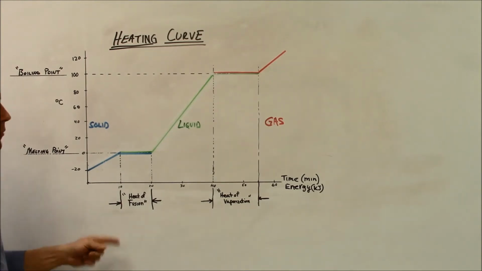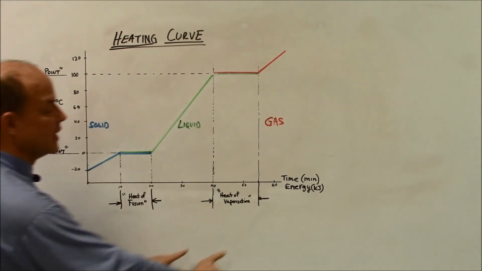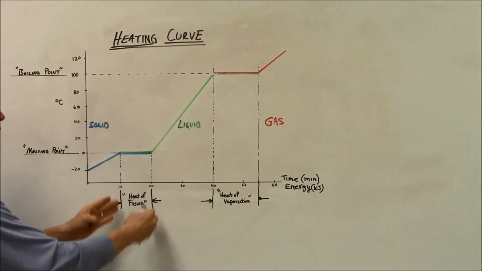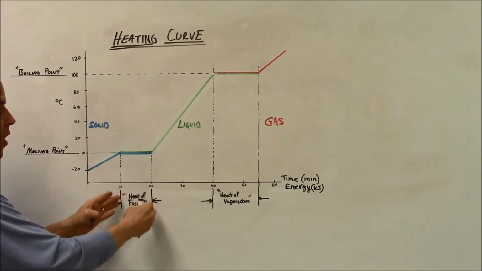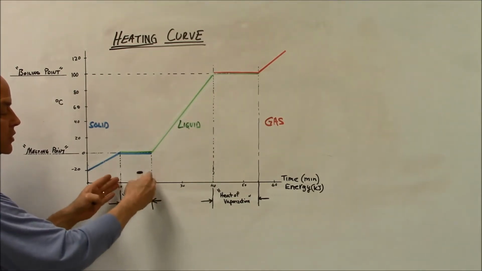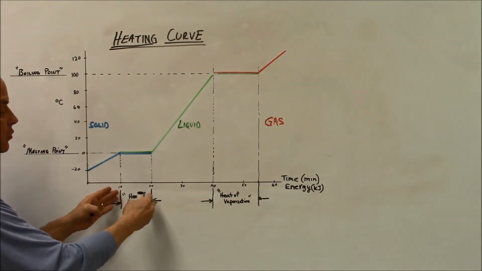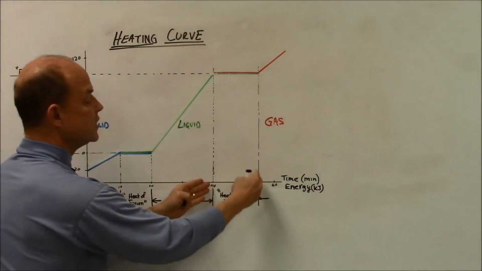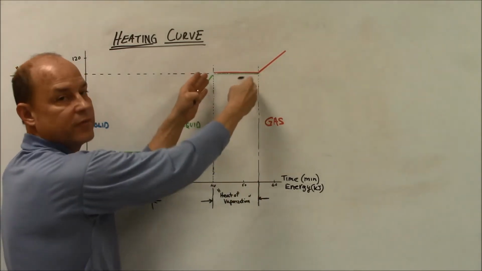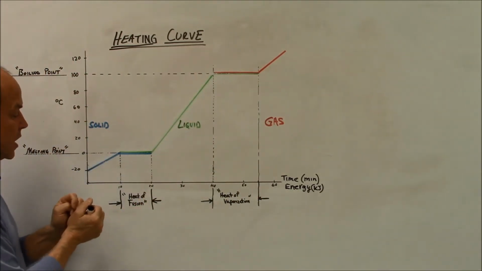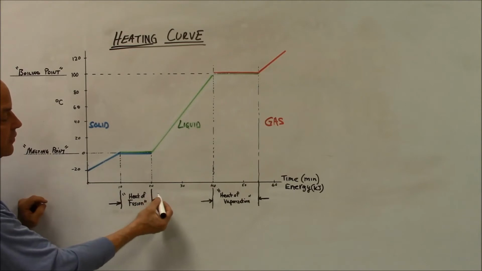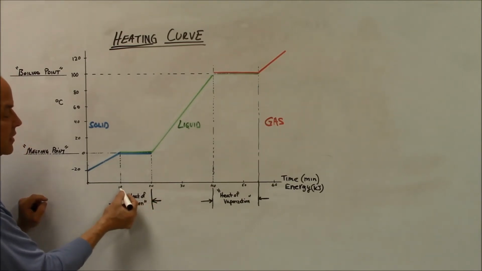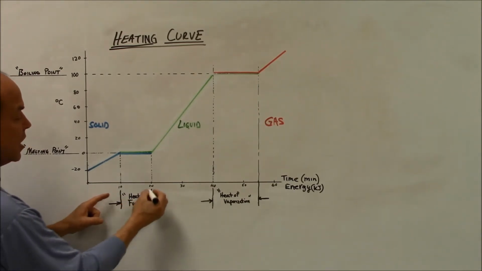Now I bring that up because when we talk about the heat of fusion and the heat of vaporization, I'm talking about how much energy is required to melt the water, or how much energy is required to vaporize the liquid. We have to look at the difference between this point and that point.